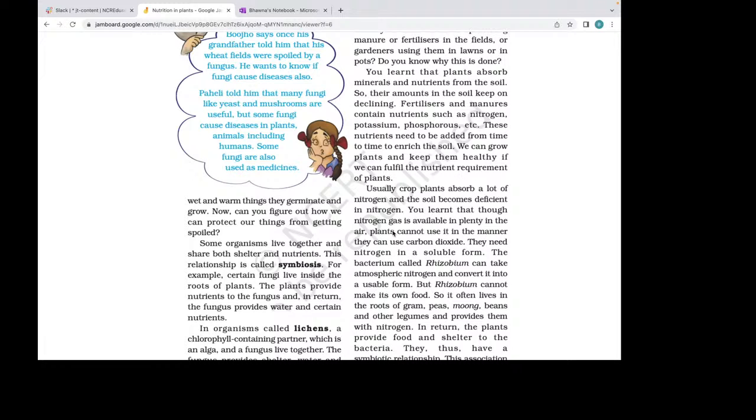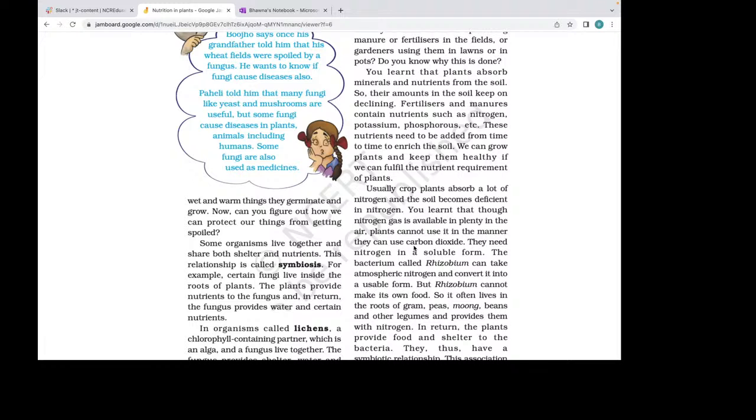So जो ये crops होती हैं, rice and all, ये सबसे ज़्यादा नाइट्रोजन यूज़ करती हैं. और अगर ये बहुत ज़्यादा नाइट्रोजन यूज़ करेंगी तो मिट्टी में नाइट्रोजन कम होगा, राइट? हमने लर्न किया दैट दो नाइट्रोजन इज़ अवेलेबल इन प्लेंटी इन द एयर बट प्लांट कैन नॉट यूज़ इट इन द मैनर दे कैन यूज़ कार्बन डाइऑक्साइड. जैसे वो हवा में से कार्बन डाइऑक्साइड यूज़ कर सकते हैं, इस तरह से वो हवा में से नाइट्रोजन यूज़ नहीं कर सकते हैं.